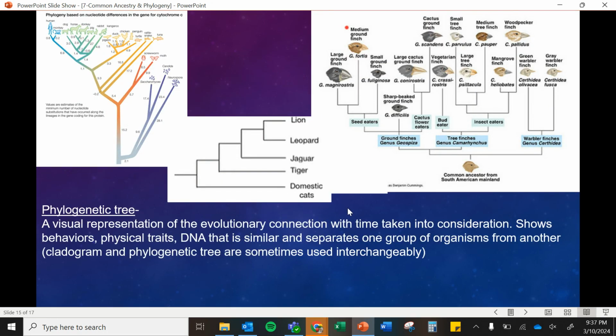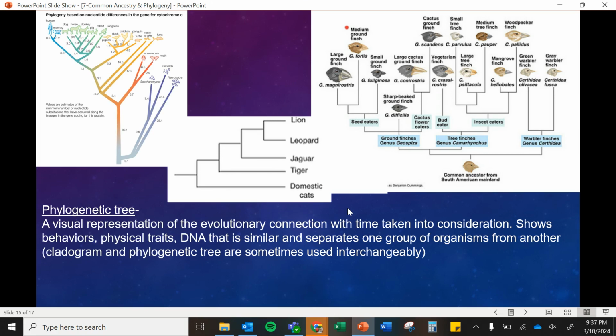Okay, so we can also use phylogenetic trees to show how organisms are related to each other. And this is a similar representation, just instead it's taking into account more information, such as behaviors, physical traits, DNA similarities, and so on. So we can get information.